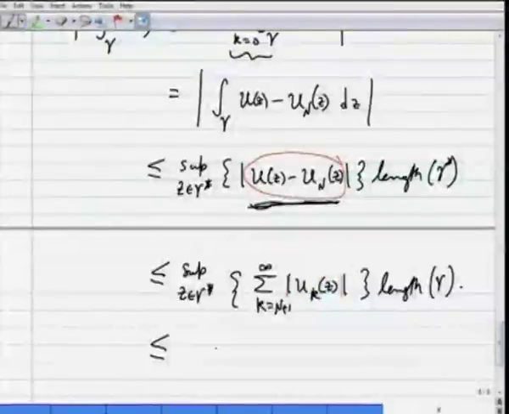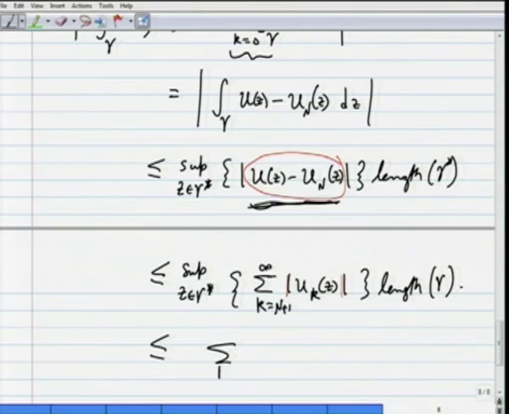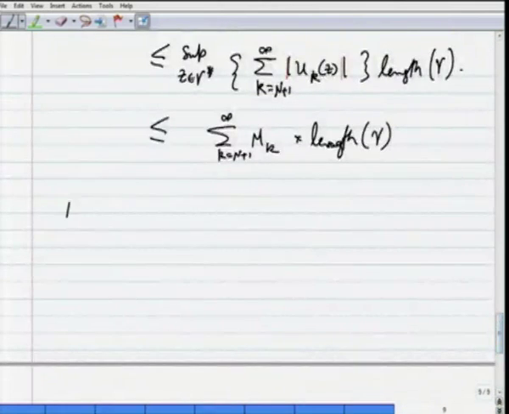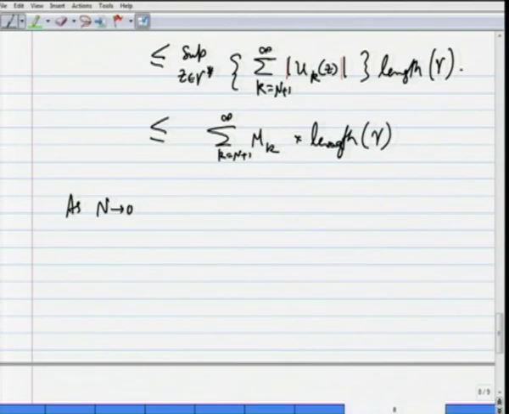So, this is less than or equal to sigma k equals n plus 1 through infinity of m k times the length of gamma. And as n goes to infinity, since sigma m k converges, sigma k equals n plus 1 through infinity m k tends to 0.